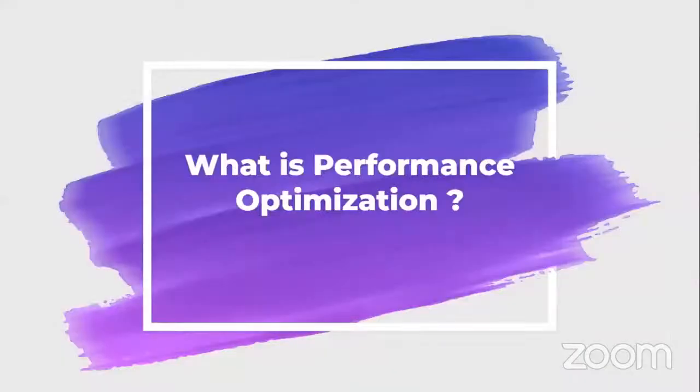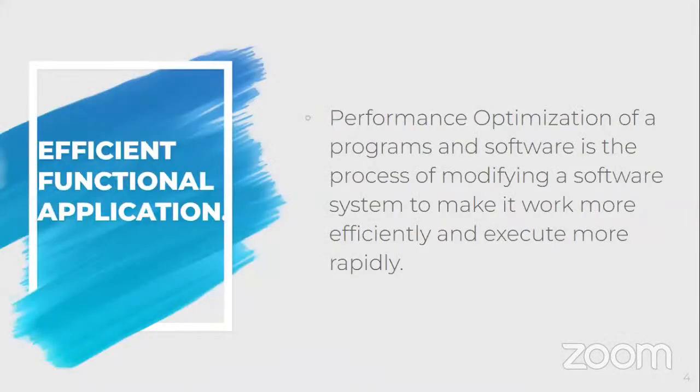So basically, before I begin, I'd like to talk a little about what performance optimization is. Performance optimization is simply the process of making something, especially a computer system, work as effectively as possible.